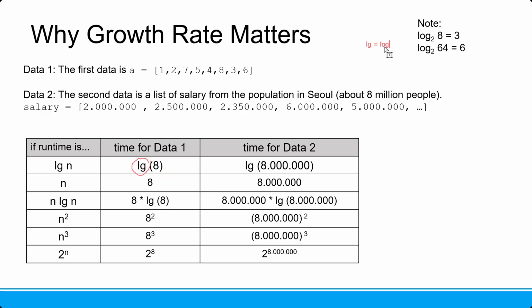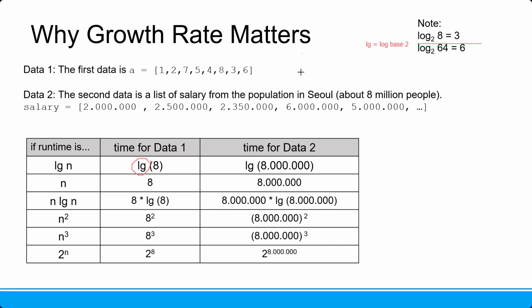Lg means the log. This is log base 2. Log base 2 of 8 will be equal to 3. Just remember, this is basic mathematics.